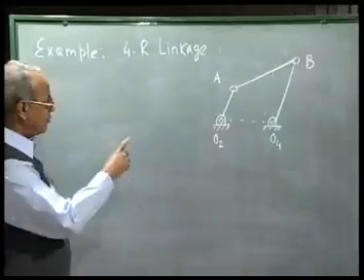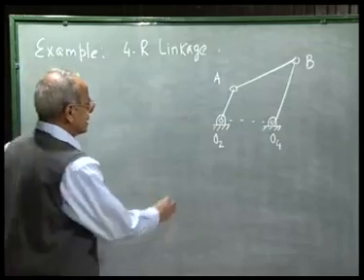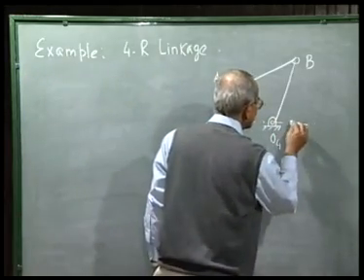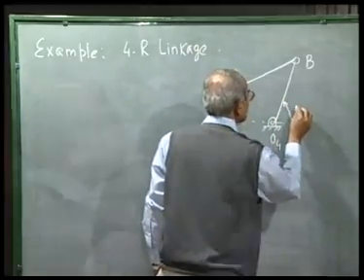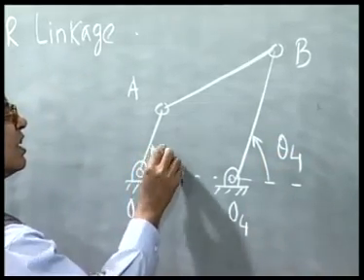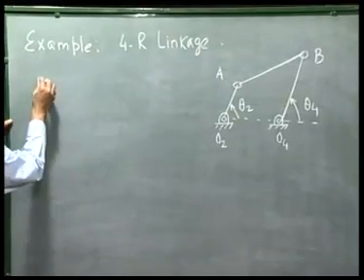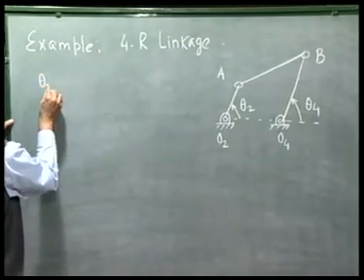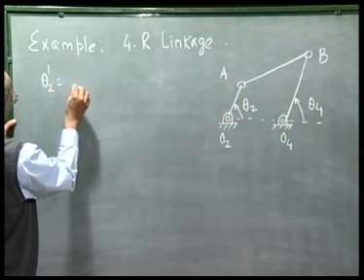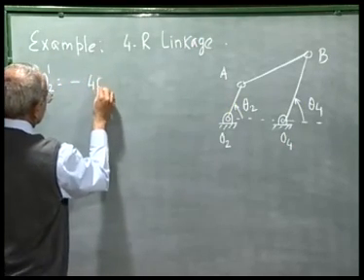Let O2, AB, O4 is a 4R linkage which we want to design such that it satisfies 3 coordinated positions of theta 2 and theta 4, namely theta 2 1 is equal to minus 40 degree.